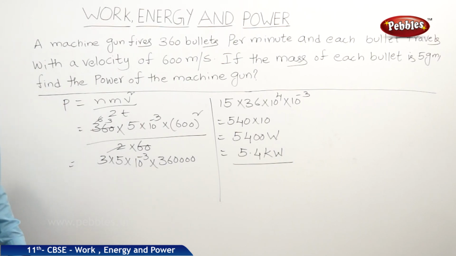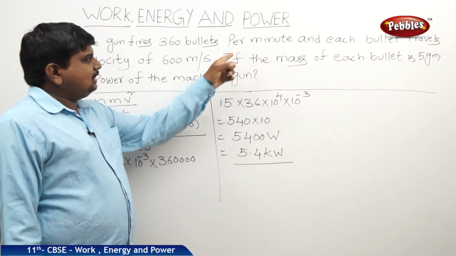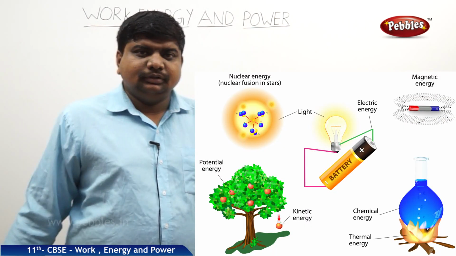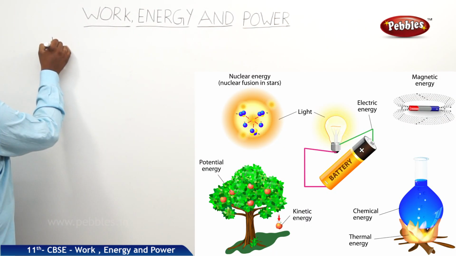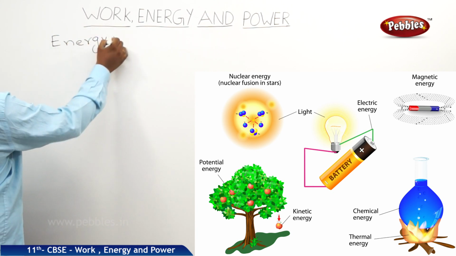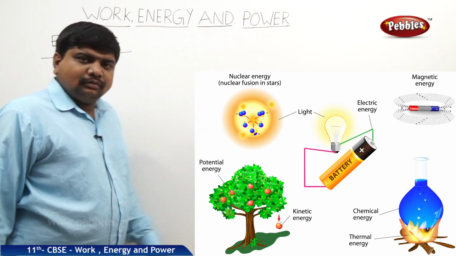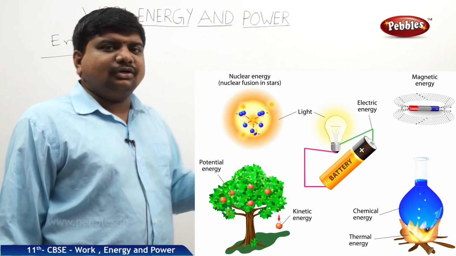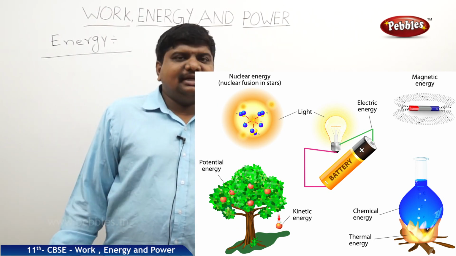This is the power exerted by the bullets crossing per minute with this velocity. The next concept is energy. What is energy? The capacity of doing work. If you want to do work, we should consume our energy.